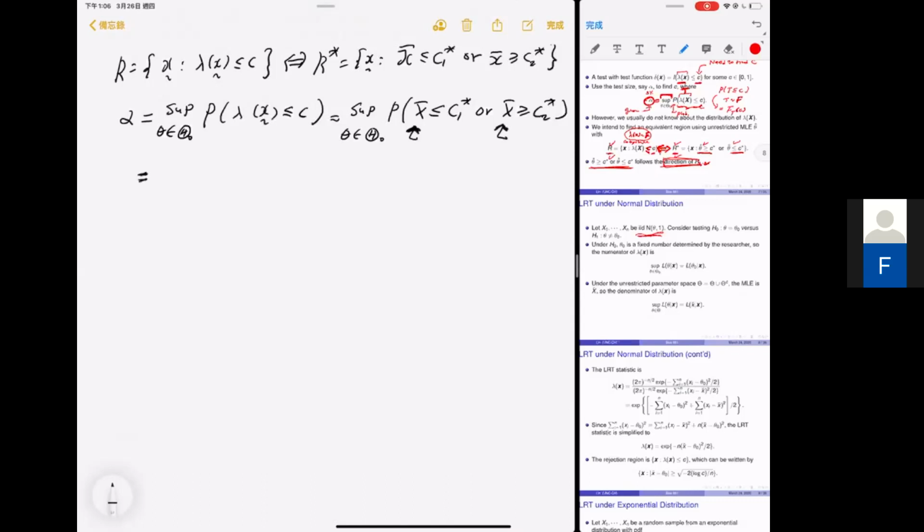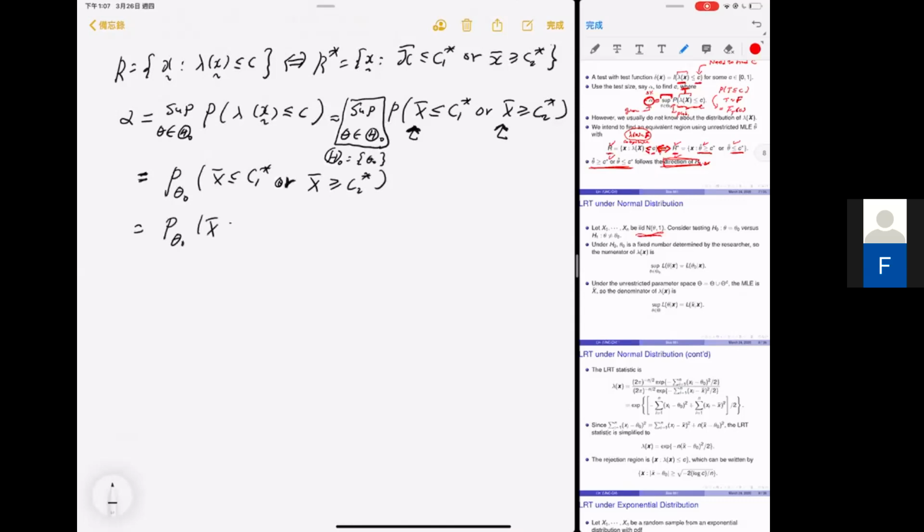First of all, I do write supremum every time. But right now in this case, your null space is nothing but a single point. Good for you, the supremum is over only a single point. That means theta is nothing but theta 0 in the null space. So I can write the probability of X bar smaller than C1 star, or X bar bigger than C2 star. In the probability, "or" means plus.